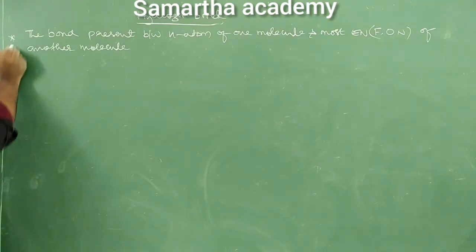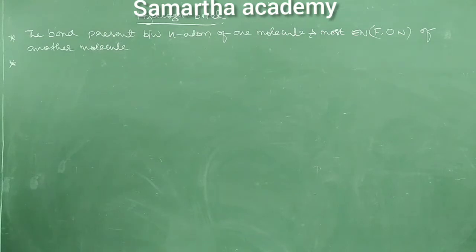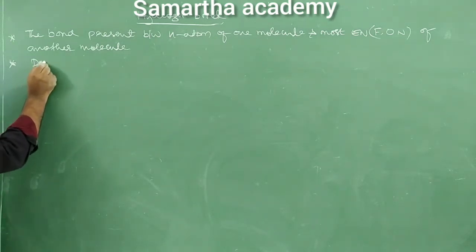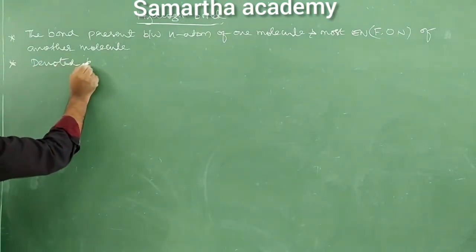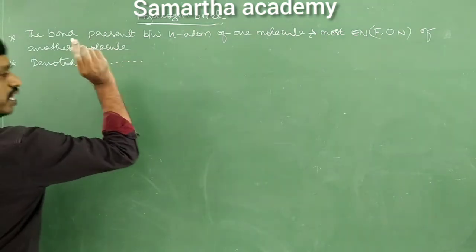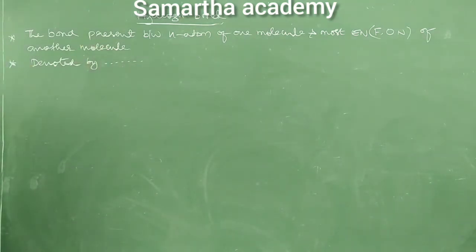Next point, do you know how the hydrogen bond is denoted? It is denoted by dots, like this, dotted lines.